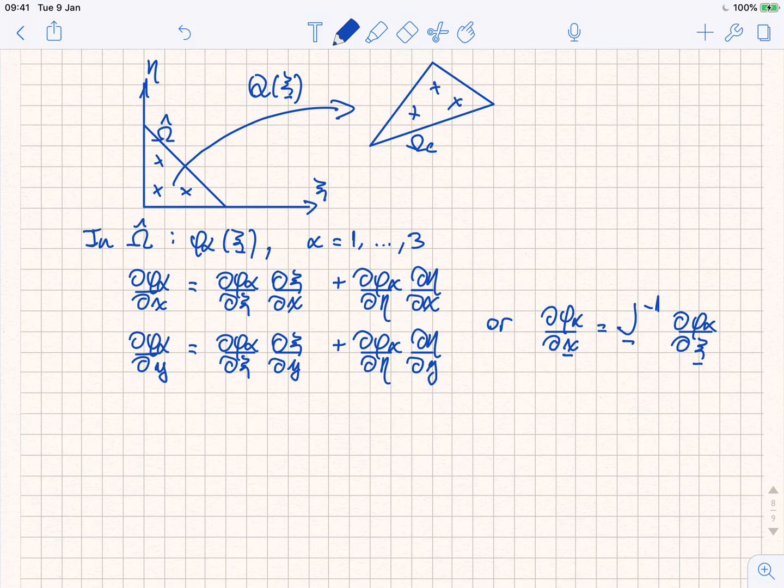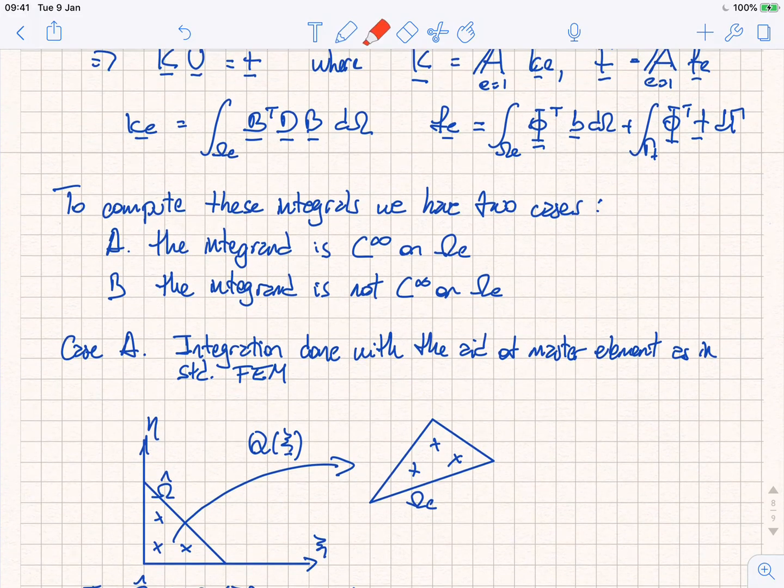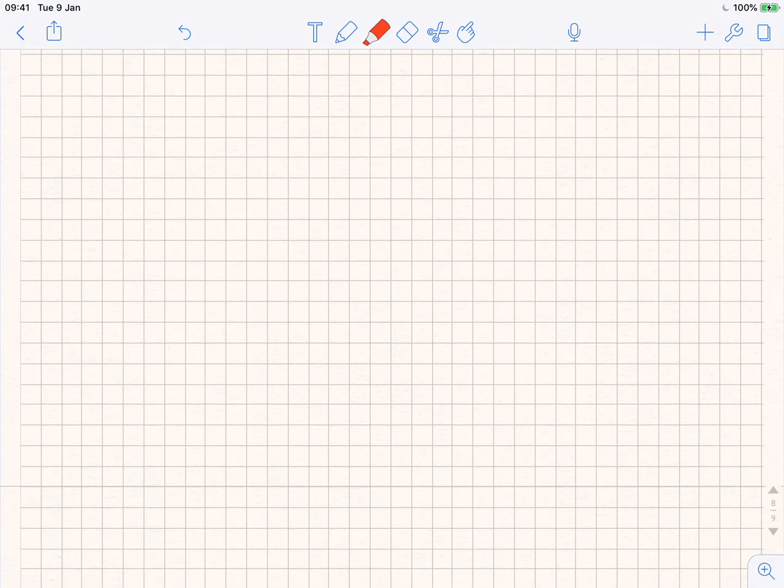So what I wanted to do is to give you some idea of the algorithm that you have to think about when you implement this. Okay. So let's take this. Let's say we're going to try to integrate that. How would the algorithm look for that?